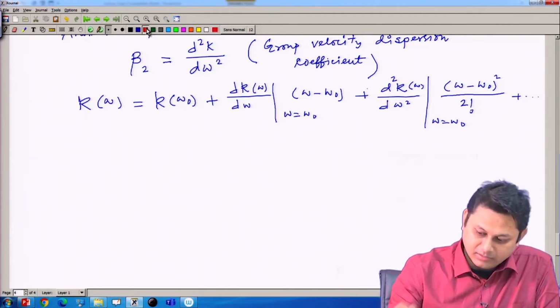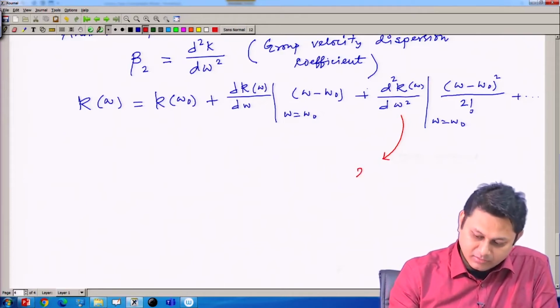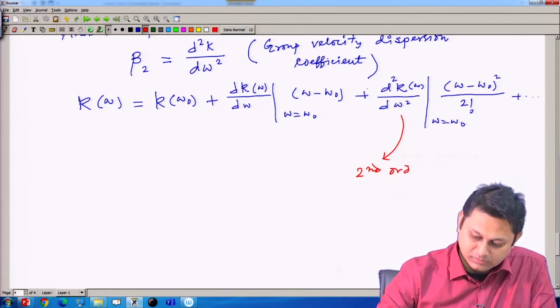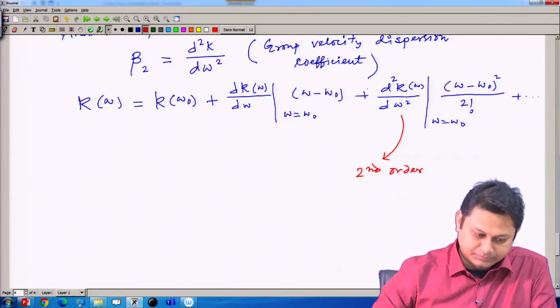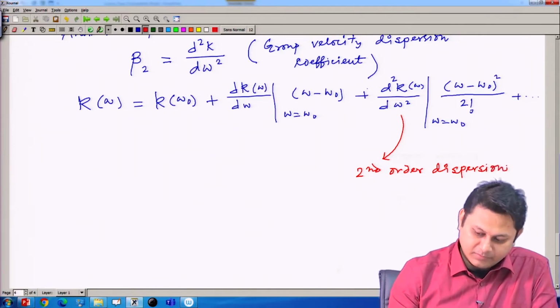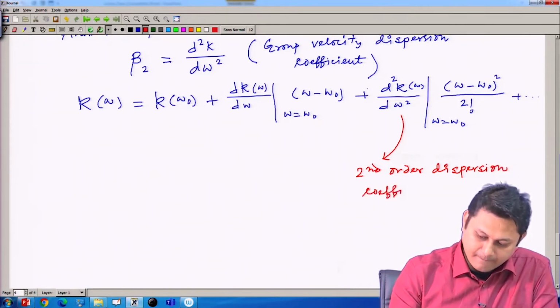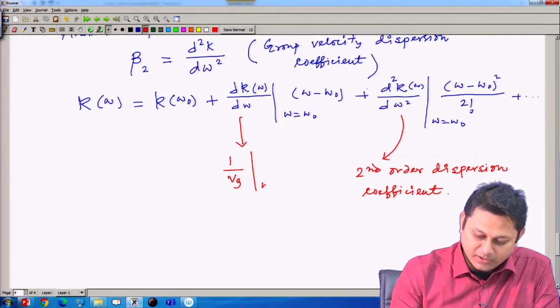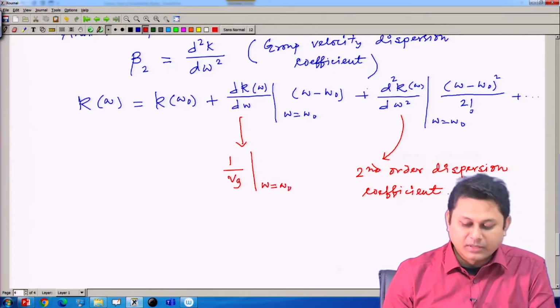This quantity is called the second order dispersion coefficient, because there are higher orders also. The first term is 1 by Vg evaluated at omega 0, so at the operating wavelength the group velocity can be defined by this term.